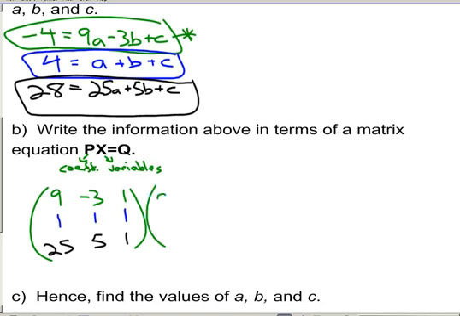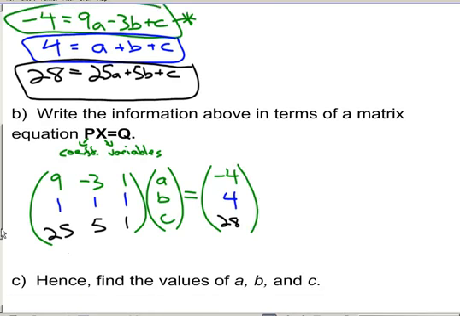My variables here are a, b, c. And the results were negative 4, 4, and 28. So I've got it expressed in terms of matrices.